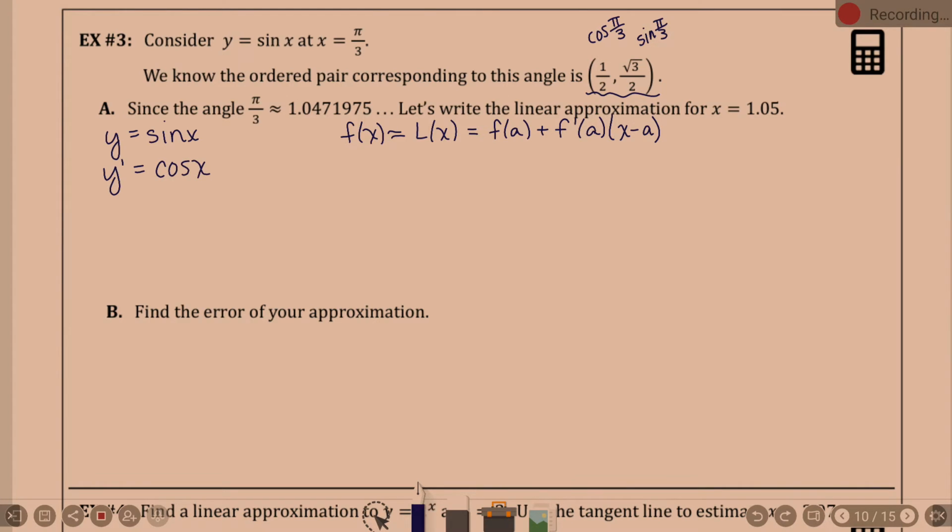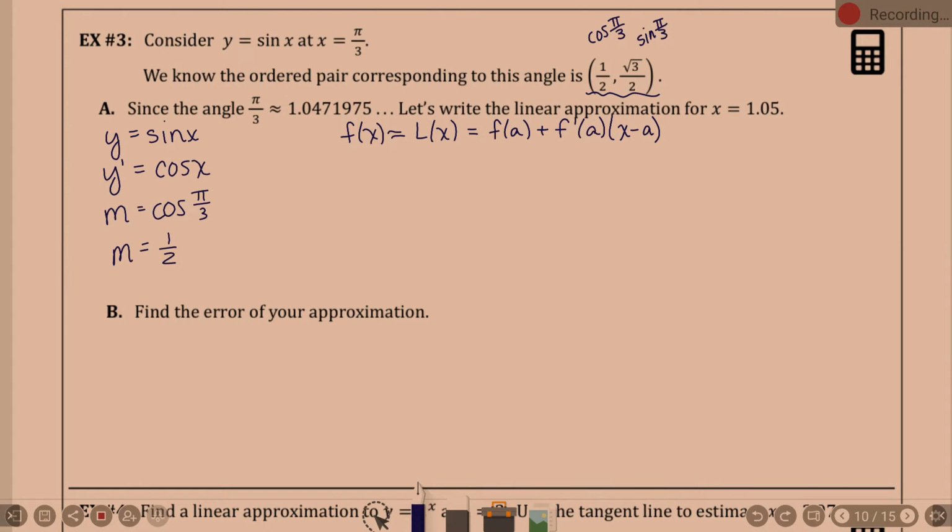Cosine x. And so then we want to find it evaluated at pi over 3. What is cosine of pi over 3? 1/2.